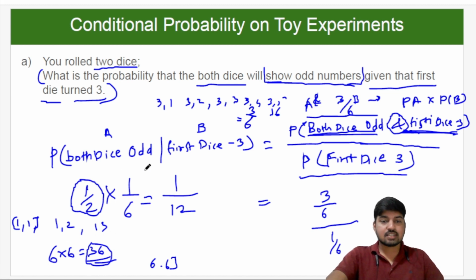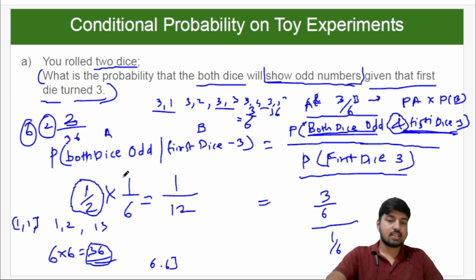Outcomes where first is 3 and both are odd: 3 outcomes will come, because 3 1, 3 3 and 3 5. So 3 divided by 36, which comes to 1 divided by 12. Clear what I missed? This AND part.